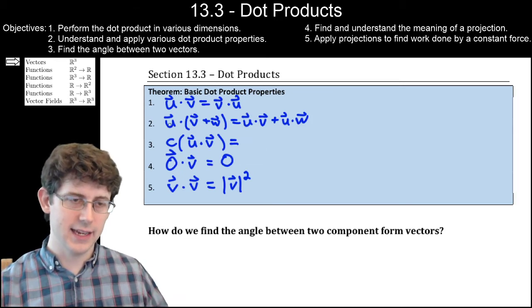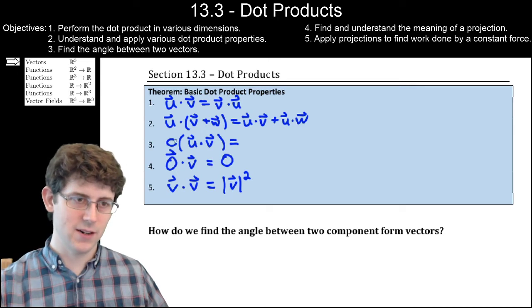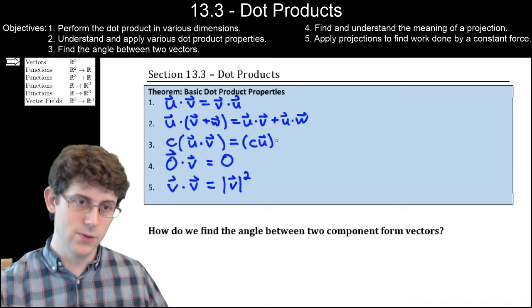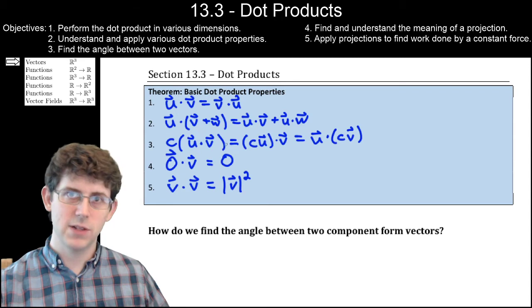Notice that there's a distributive property of the dot product when it's vector, vector, vector. This is not going to be a distributive property, because these are all different kinds of multiplication. So instead you could put the scalar on the u and you'd get the same thing, or you could put the scalar on the v and you would get the same thing. This is similar to how numbers work, right?